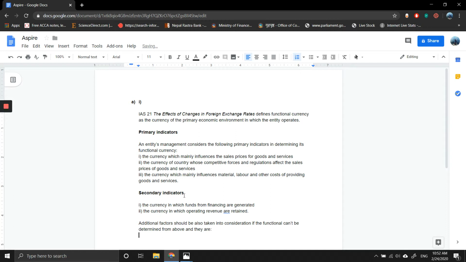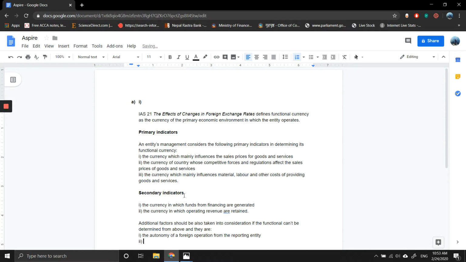First is the level of autonomy of a foreign operation from the reporting entity.